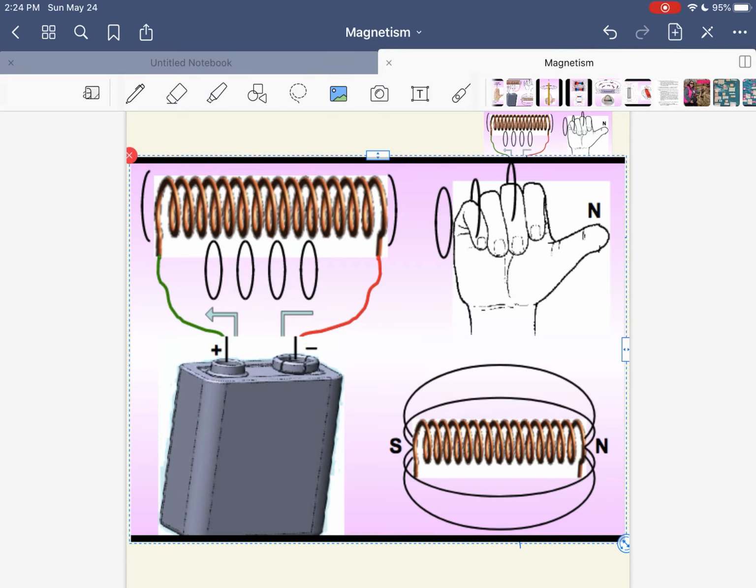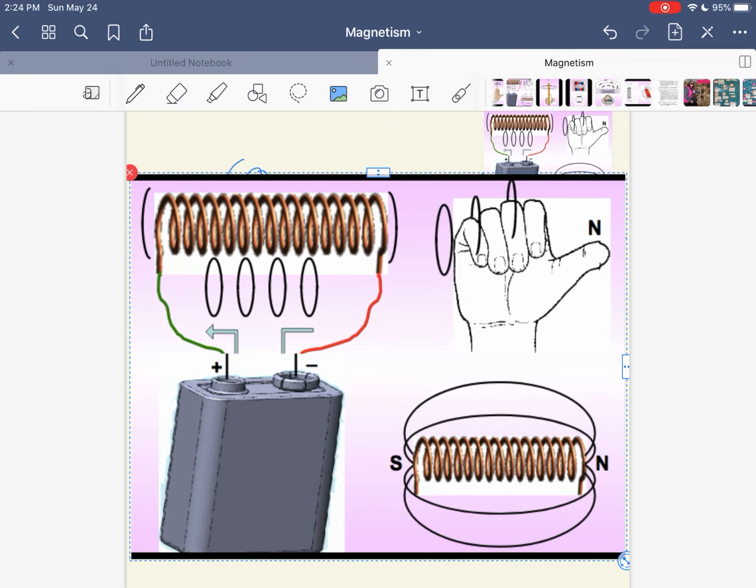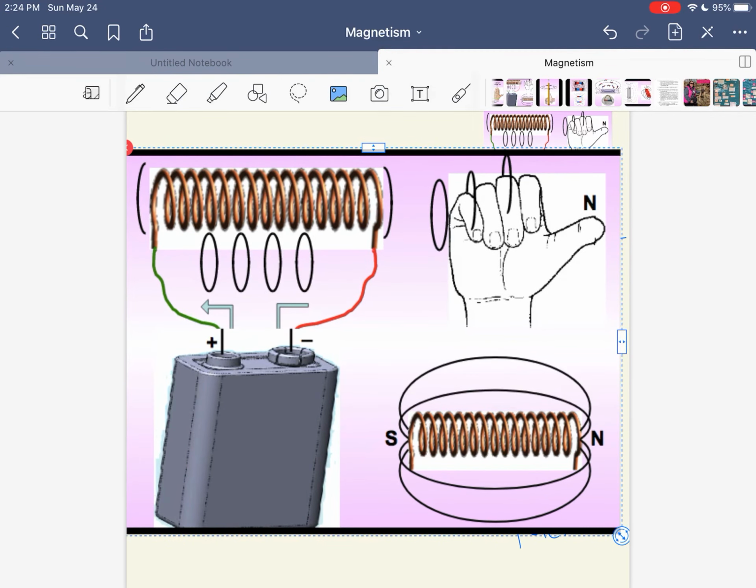And so this solenoid again has the electricity curling out of the page every time, which means that if we're looking at our right hand over here, our fingers have to be curling out of the page. So then our thumb is pointed to the north pole, which means our north pole is on the right. Okay, and so that's how we're able to label the north and the south pole of the solenoid.